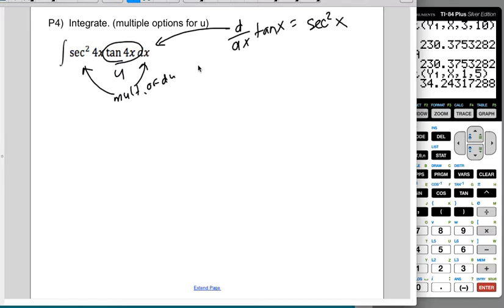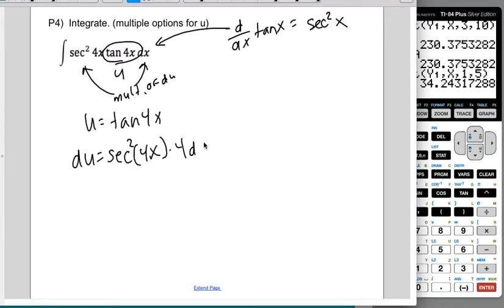The other way to think about this one, so let's say I chose to start with that. Let's say I said, wait a second, u is tangent of 4x. That means that my du is secant squared of 4x, which is convenient because it shows up right there, times the 4 dx, right? Because of the chain rule, I need the 4. So I get du over secant squared of 4x with a 4 in front is my dx.